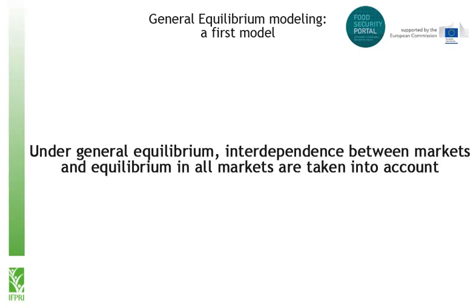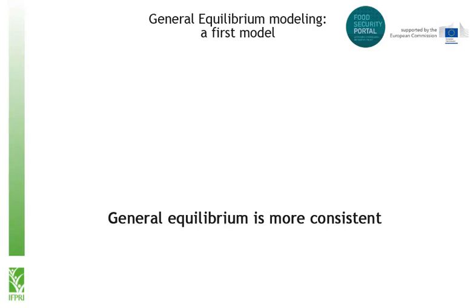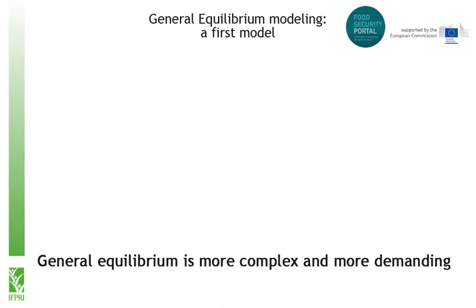So under general equilibrium, we take into account interdependence between markets, and we take into account equilibrium on all markets. This is the main distinction between general equilibrium and partial equilibrium models. It means that general equilibrium is more consistent in terms of approach, but of course it is at the same time more complex and more demanding.